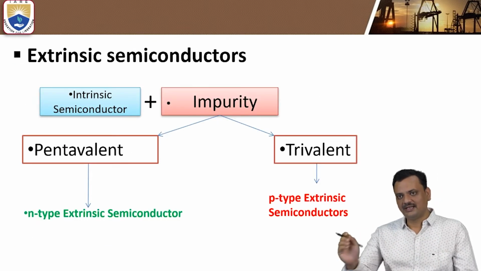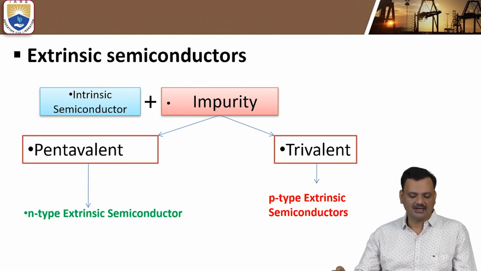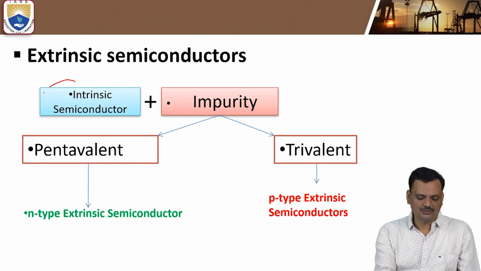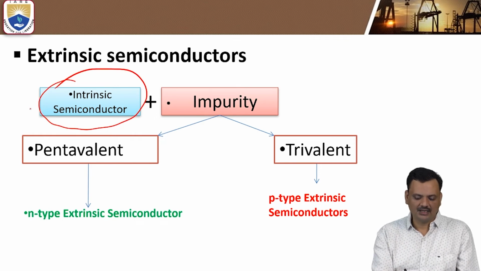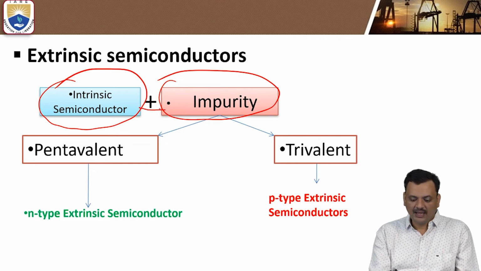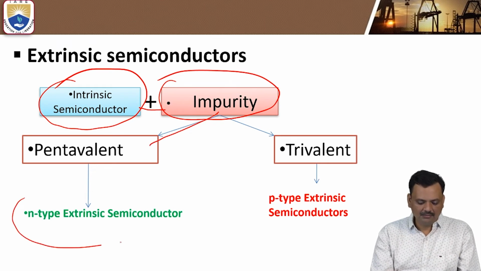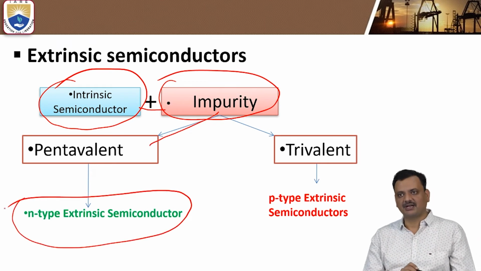So what is the methodology for deriving the extrinsic semiconductor? First, choose the intrinsic semiconductor, add some impurity to it. Intrinsic plus impurity. If we add a pentavalent impurity, then it will become an N-type extrinsic semiconductor.